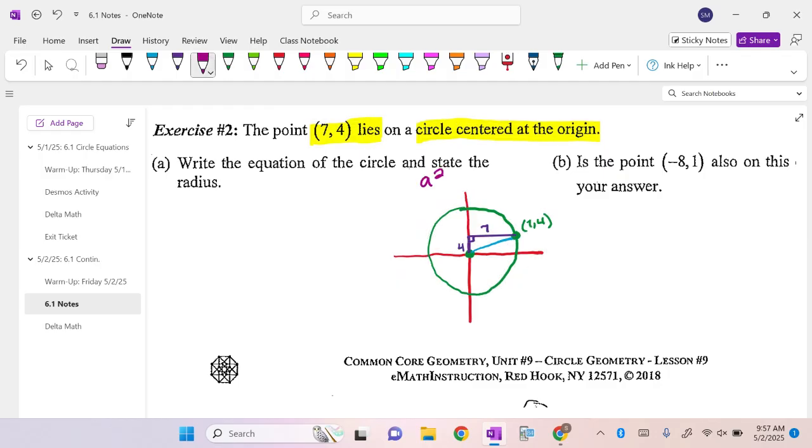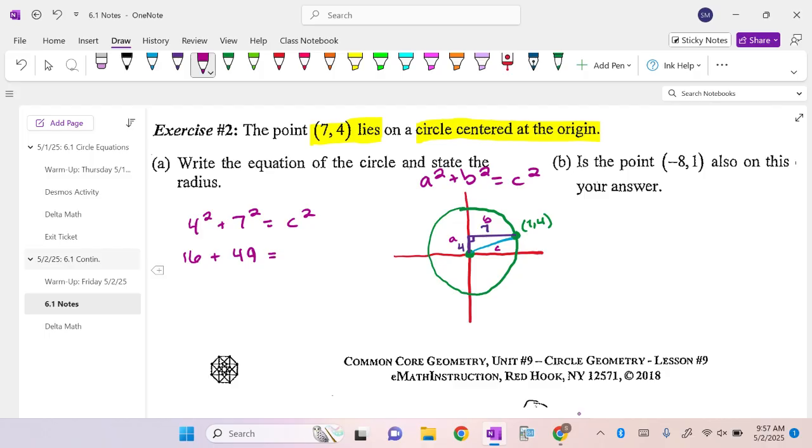So remember, that is a squared plus b squared is equal to c squared. So 4 in this case is a, 7 is b. All right. And then what we're finding is c. So I'm going to plug everything in. So I got 4 squared plus 7 squared. It's going to be equal to c squared. So let's work it out. What's 4 squared? 16. Plus what's 7 squared?